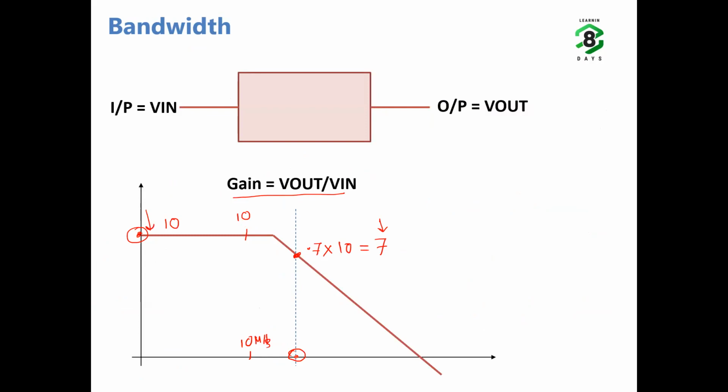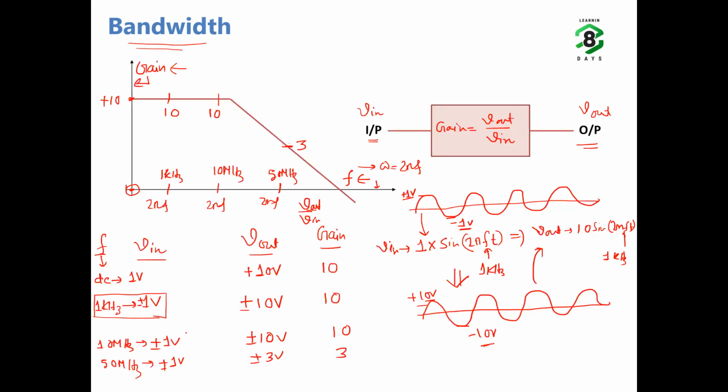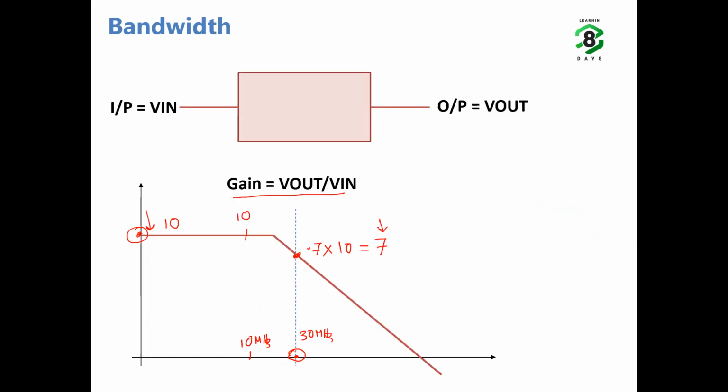So definitely this point will be higher than 10 megahertz. Let's call this a 30 megahertz point, because we saw at 50 megahertz the gain becomes 3. So 50 megahertz, let's say, is somewhere here, and at that time the gain is 3. At 30 megahertz, let's say we saw the gain of the system is 7, which is 70% of the DC gain, that is 10. So we'll call the bandwidth of the system 30 megahertz.